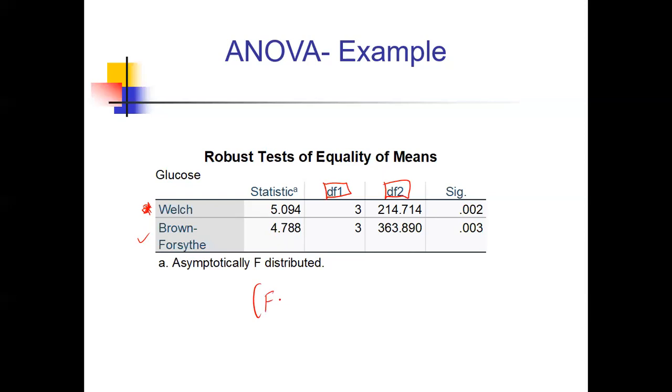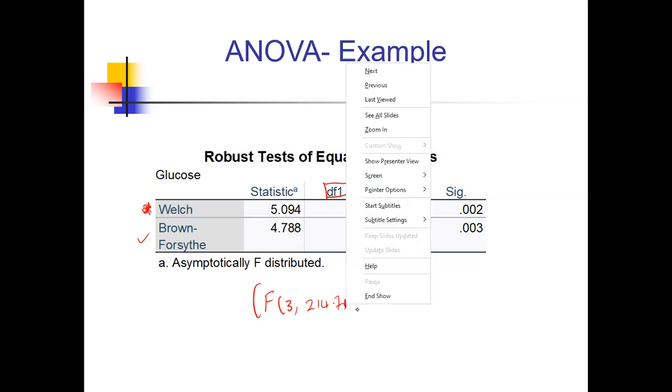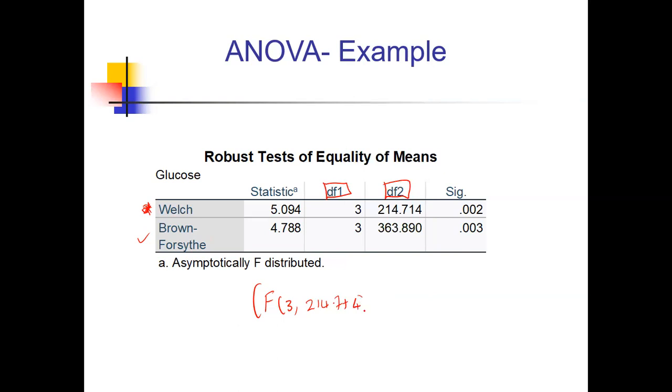So you will have F, parentheses open, degree of freedom 1, which is 3 in this case, degree of freedom 2, if we're reporting Welch, is 214.714, parentheses close. The F statistic for Welch is giving us 5.094, and the p-value here is equal to 0.002. Okay, so again, this is not your result.